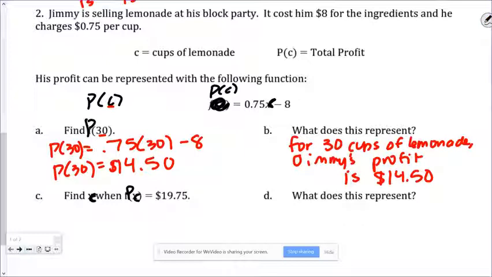All right, so then part C, find C when P of C is equal to $19.75. Okay, so we are finding C. That means we are solving for the variable on the right side. Okay, so they give us this whole P of C. The whole profit is $19.75. So I'm going to plug that in for the left side of the equation.